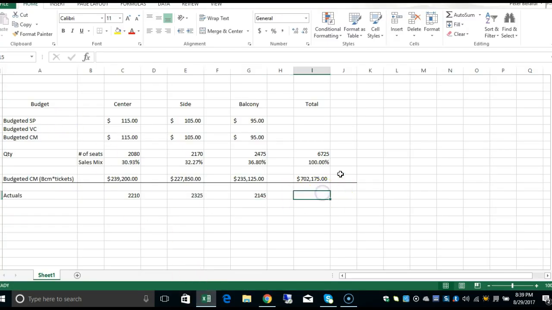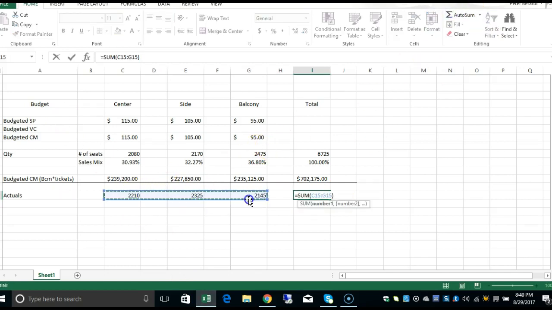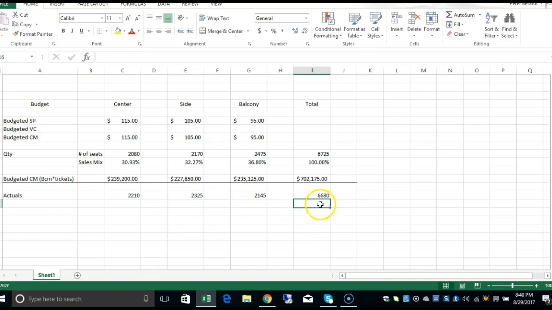And these are the total tickets that were sold: 6,680 tickets sold.